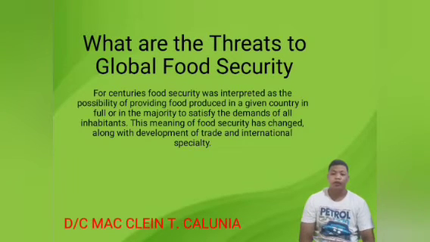For centuries, food security was interpreted as the possibility of providing food produced in a given country in full or in the majority to satisfy the demand of all inhabitants. This meaning of food security has changed along with the development of trade and international specialty.